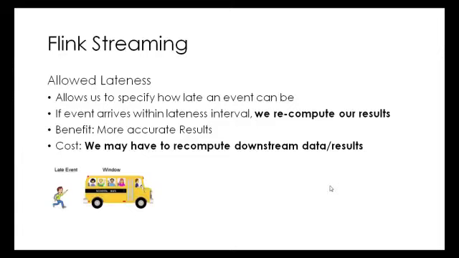When my window is ready to be computed, go ahead and compute my window with whatever's in it at the time. But I'm also going to specify an allowed lateness value, maybe 5 seconds, 10 seconds, something of that nature. And the rule is, if anything late arrives within that allowable lateness period, go back and add that event to the window and then recompute the window.